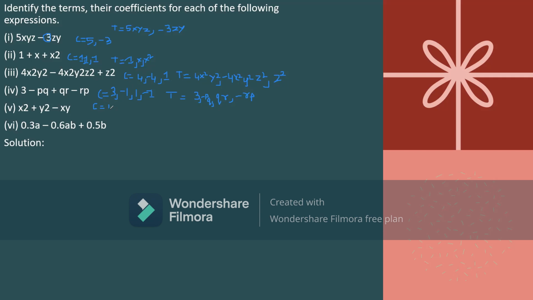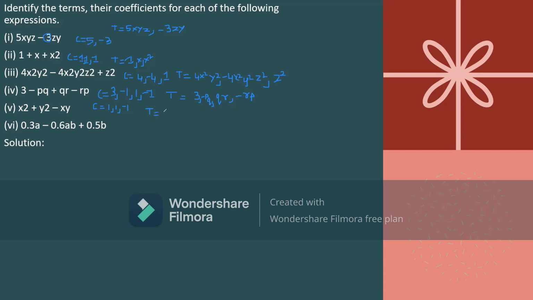So next one is 1, 1, and not 1. It's minus 1. So next T is equal to how much?